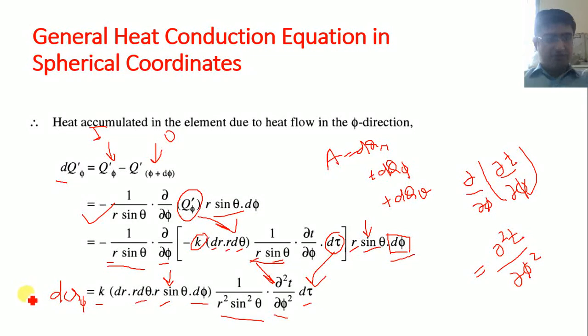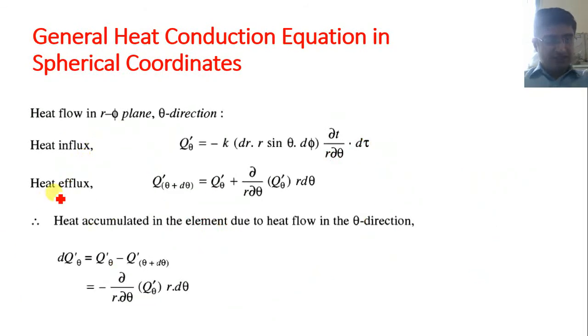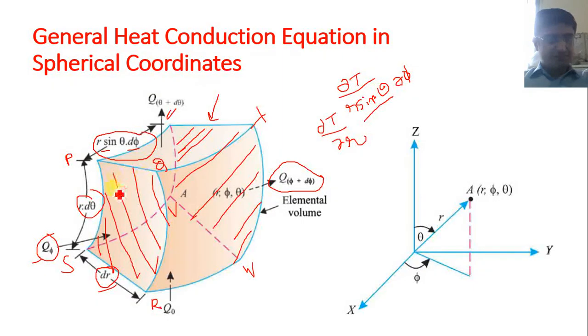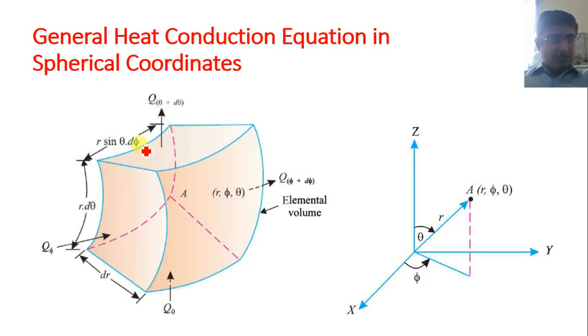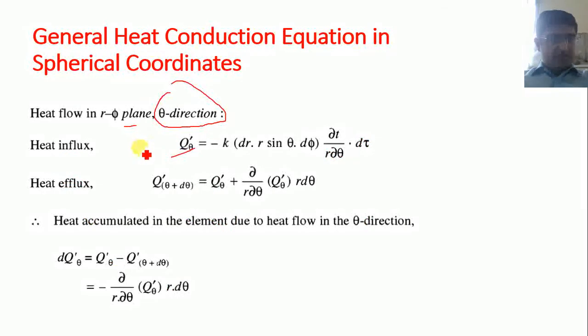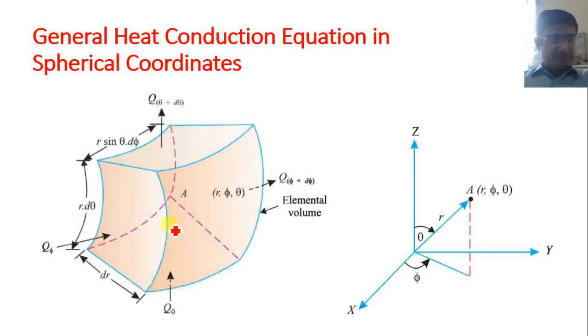The first step is clear, we have the value of dq phi. Now we have to find out the value of dq r as well as dq theta. In the theta direction, or we can say the r phi plane, is the amount of heat which gets inletted. In the case of the phi direction, so next one is the theta direction. Here is the theta direction, here is the theta direction.